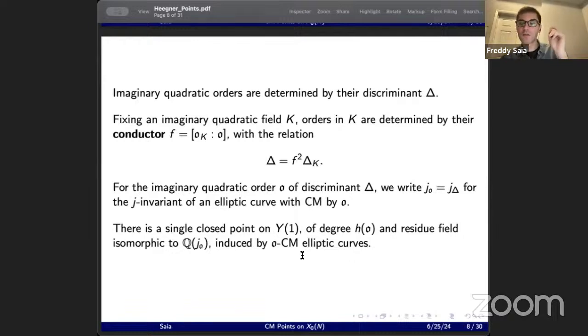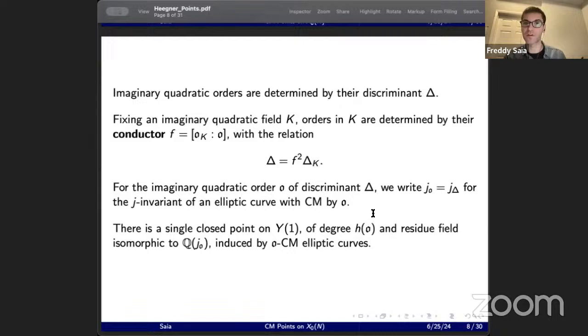Then there is a single closed point, a single algebraic point over Q on this curve Y of 1, that is the O-CM closed point on the J line. Of course, that could have several geometric points. When it's -3 or -4, these are class number 1, so you have a single geometric point.